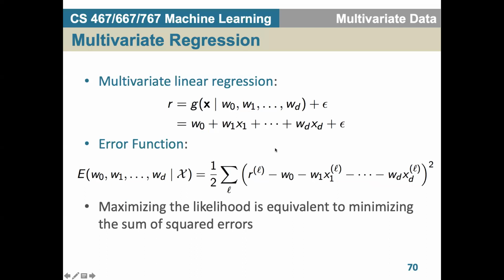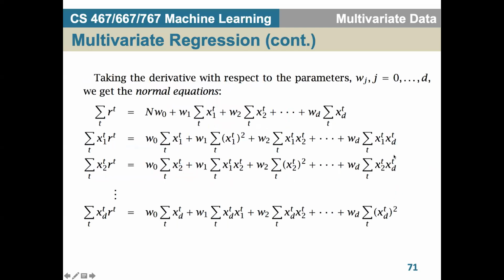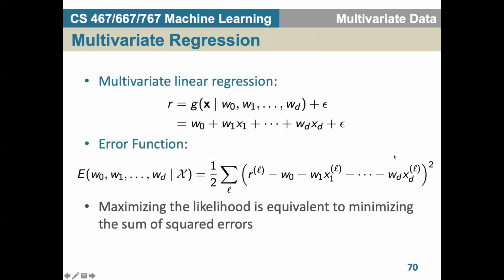The derivation is exactly like before. If you minimize this, it's equivalent to maximum likelihood estimation before. Let me explain why it's exactly like before, like the polynomial regression for the univariate case. Let me go back there. This is page 70.